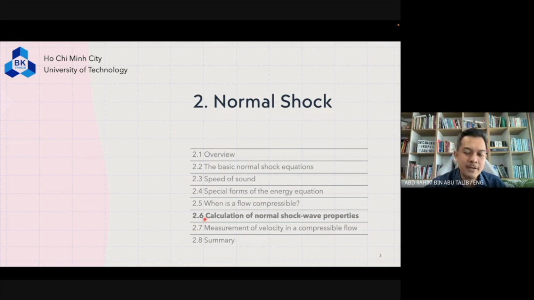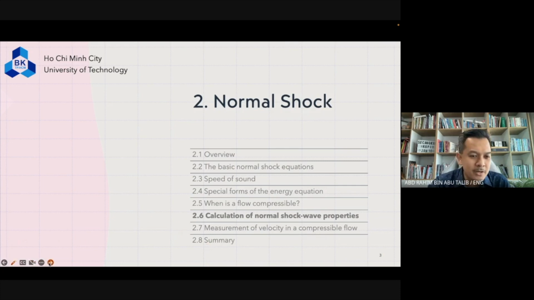As I highlighted in my lecture last week, the examples for calculation of normal shock waves will be discussed today, and we will look at several examples in relation to the normal shock wave properties. Then we will continue to the last subtopic of normal shock wave, which involves the measurement of velocity in a compressible flow, and we will end our session with a short summary. All right, that is the plan.